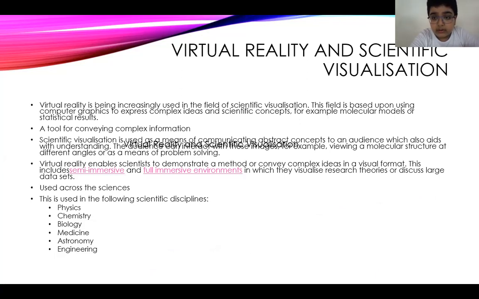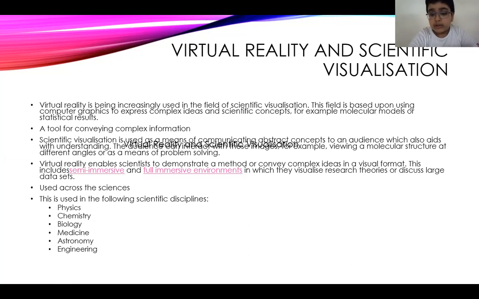For example, molecular models or statistical results, a tool for conveying complex information. Scientific visualization is used as a means of communication, communicating abstract concepts to an audience, which also aids with understanding by the audience.